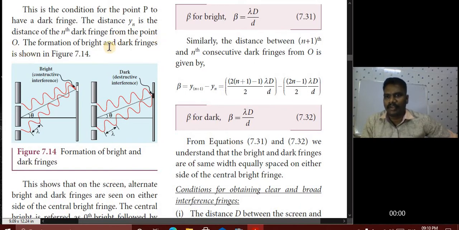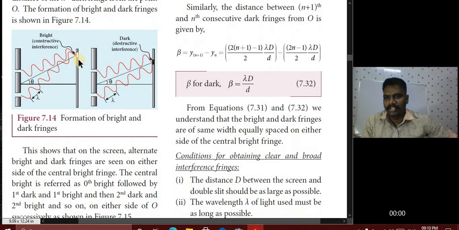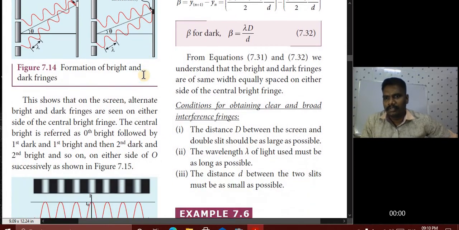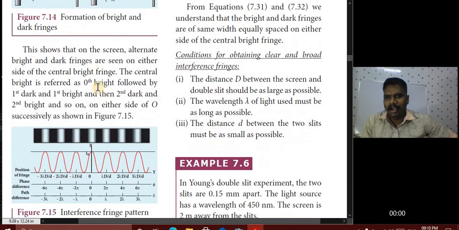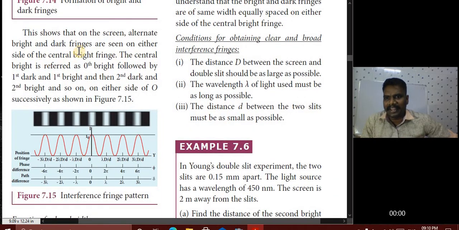The formation of bright or dark fringes is shown in this figure. This is the formation of bright and dark fringes. This is the bright fringes or constructive interference diagram. This is the dark or destructive interference diagram. So this shows that on the screen alternate bright and dark fringes are seen on either side of the central bright fringe.